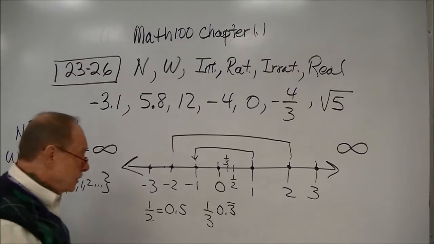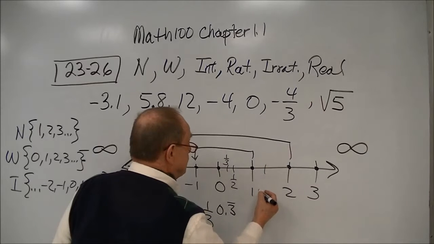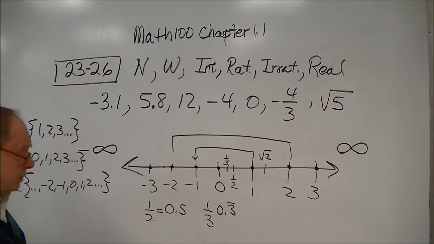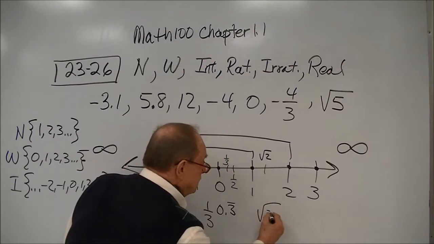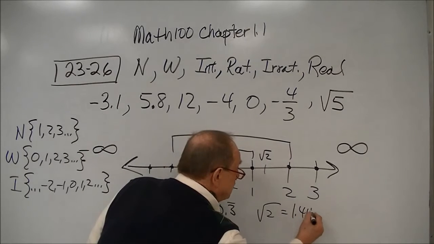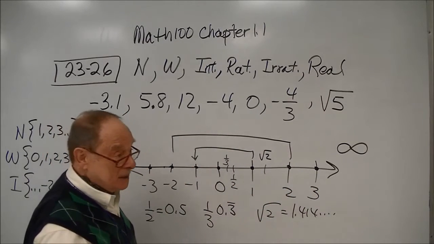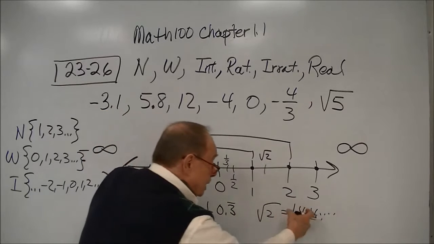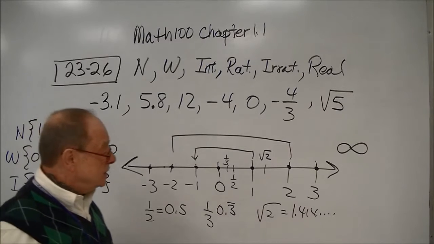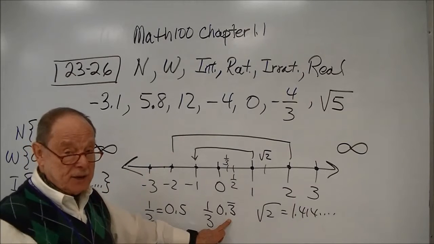Now we also have one other number, well, there's a couple of them, of course, right about here, which is the square root of 2. Now, the square root of 2, if we convert that to a decimal, it doesn't terminate. On your calculator it does, because it always estimates it. But in real life, if you kept checking it out, it would keep going on and never end. We say it doesn't terminate, nor does it have a repeating pattern.